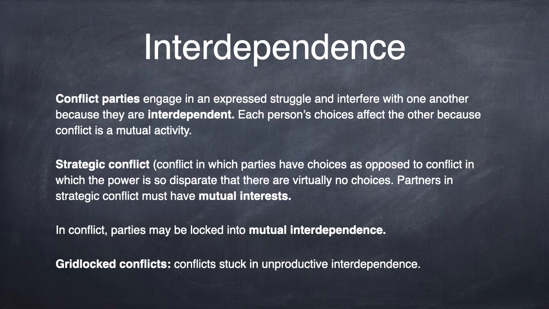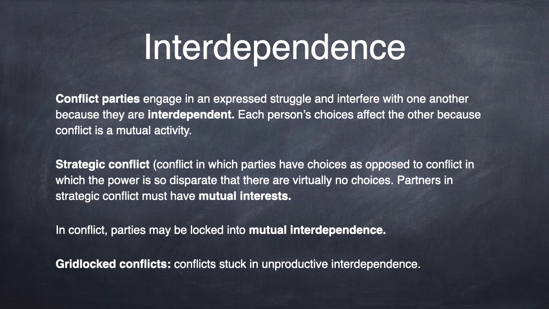Let's focus for a minute on the term interdependence. Conflict parties engage in an expressed struggle and are perceived to interfere with one another because they are interdependent. Each person's choices in that communication moment affect the other because conflict is a mutual activity.